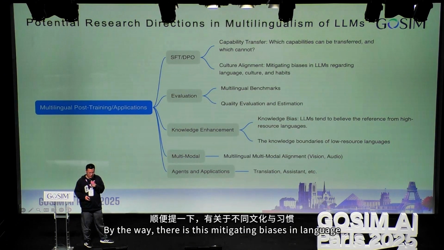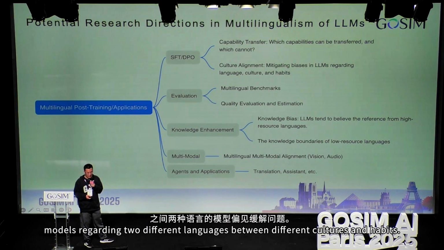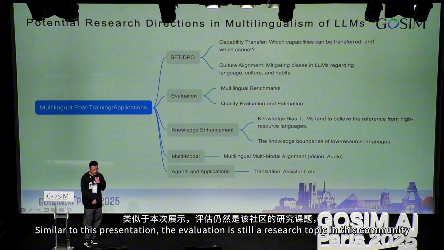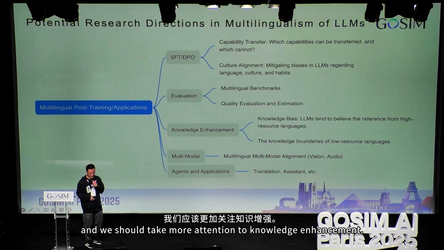By the way, there is also the problem of mitigating biases in language models regarding different languages, cultures and habits. And similar to this presentation, evaluation is still a research topic in this community, and we should pay more attention to knowledge enhancement.